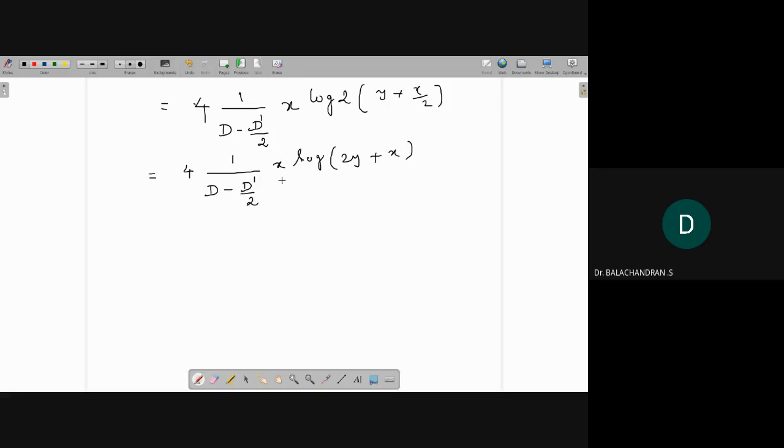Now the time we need to apply this factor for this function. Again, this is x into log of 2y plus x. So I'll start from the integral. First, you should put the integral. So please tell how to apply the result 1 by d minus m into d dash of f of x comma y.